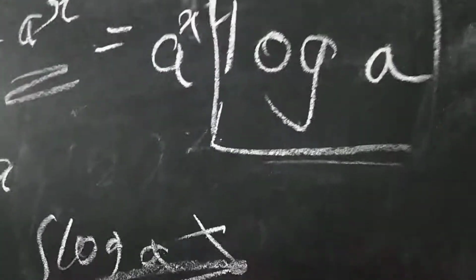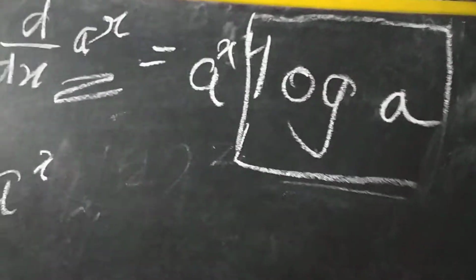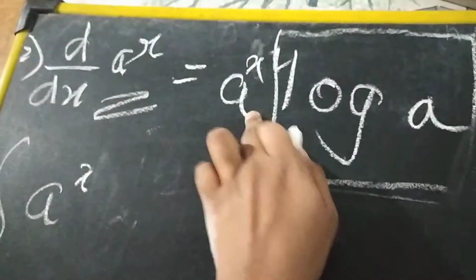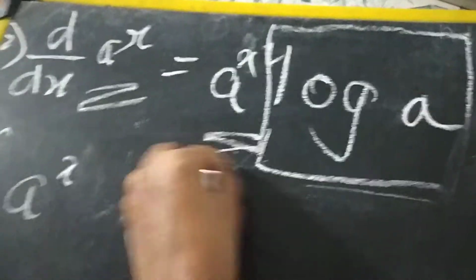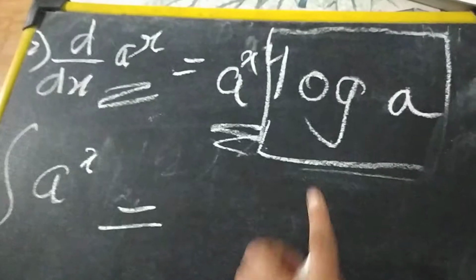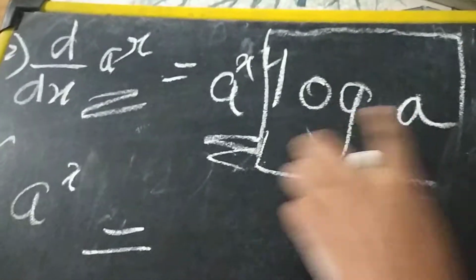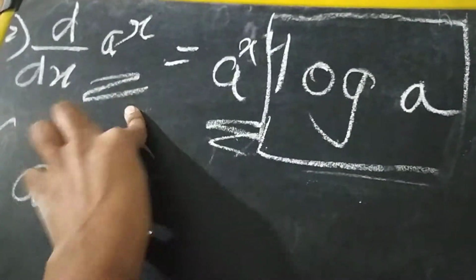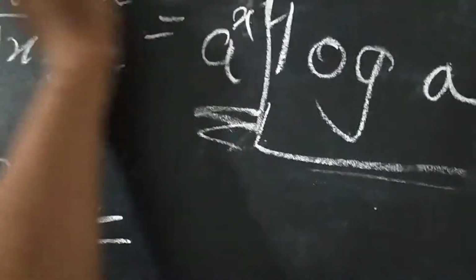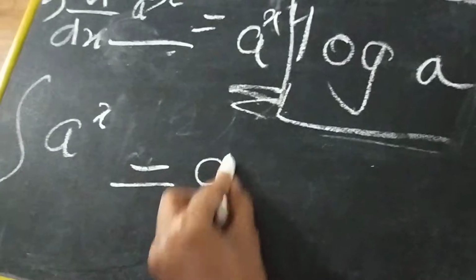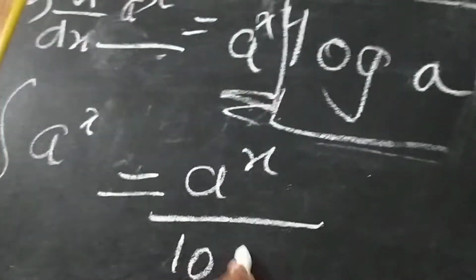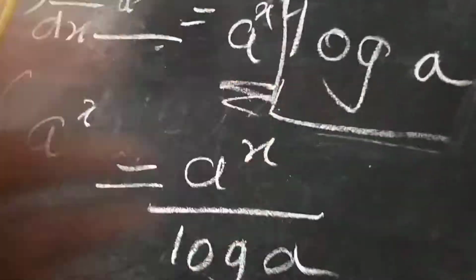Okay? So if I ask you just the integration of a raised to x, what will you do? See, here log a is in multiplication. If it goes to this side, it will come in division. So your answer will be a raised to x upon log a, right?